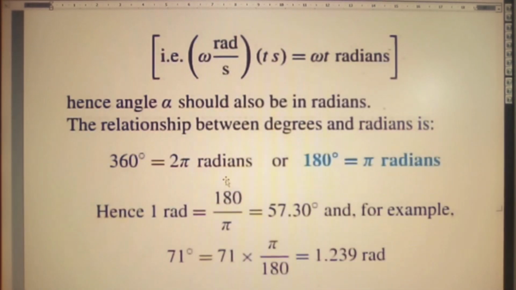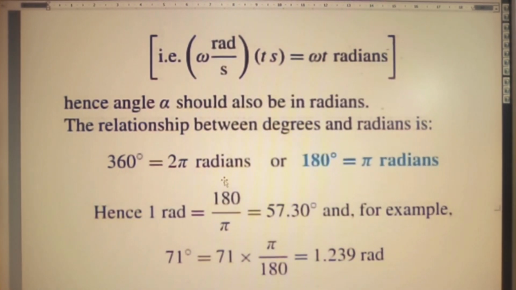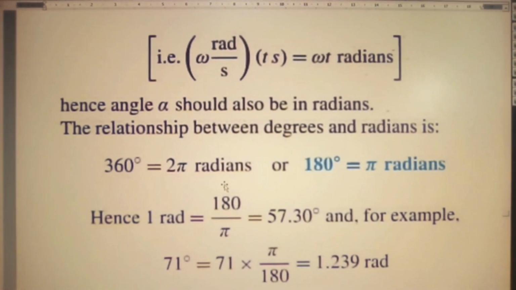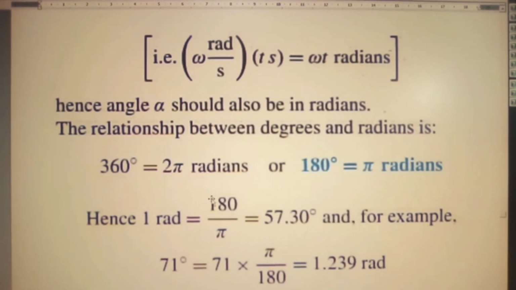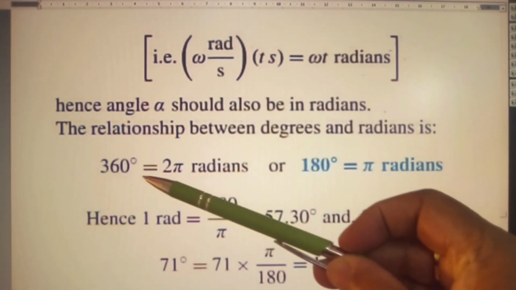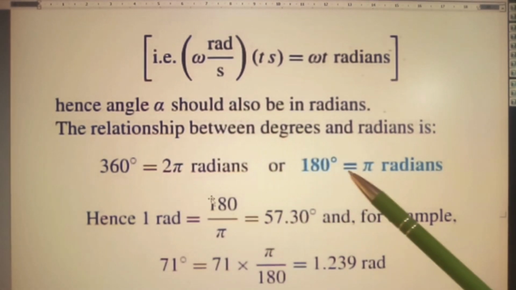And here we are showing you the relationship between radians and degrees. Here we're looking at converting radians to degrees and degrees to radians. So we know that 360 degrees equals 2 pi radians, or 180 degrees equals pi radians.